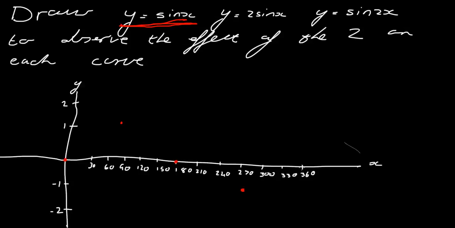And then at 360 degrees we're going to be at 0 again. Okay, and there you go. So there is the graph y equals sine x, and I think you label it when you draw something like this, y equals sine x.